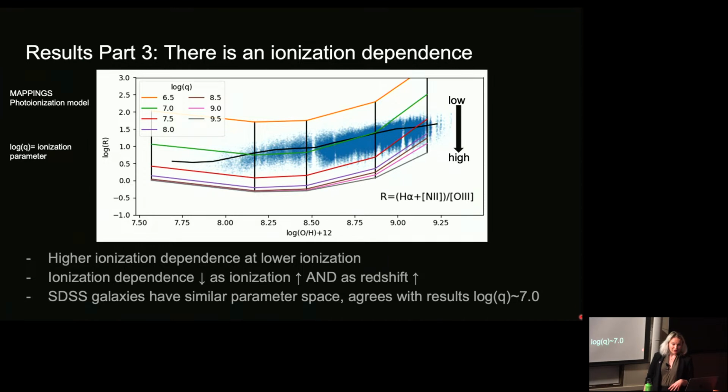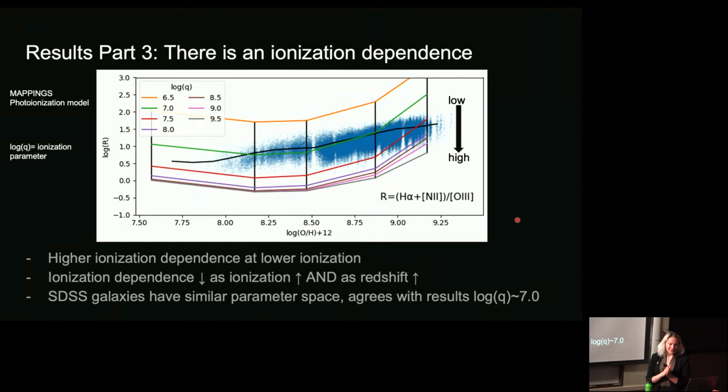So the results of our theoretical MAPPINGS photoionization model are as follows. We see that there is a dependence upon ionization, especially at low ionization levels. Low is denoted by this orange line up here, and it becomes increasingly higher as we travel down.